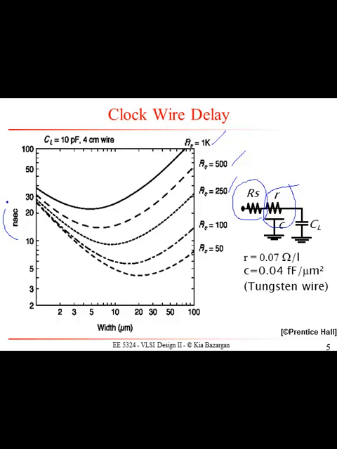On this axis you have the arrival time of the clock, and here you're playing around with the width of the wire segment delivering the clock. You can see that there are sweet spots, and depending on your source resistance, that sweet spot could change anywhere from here to here.